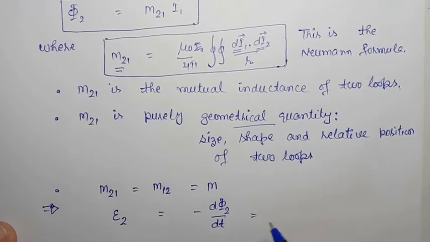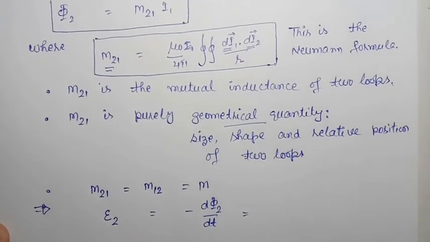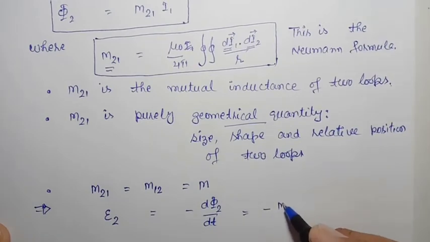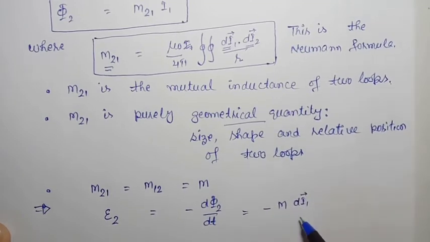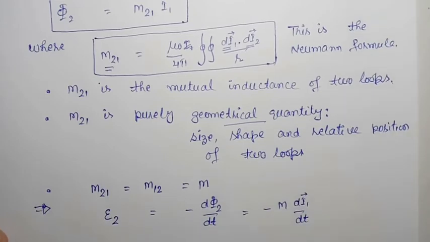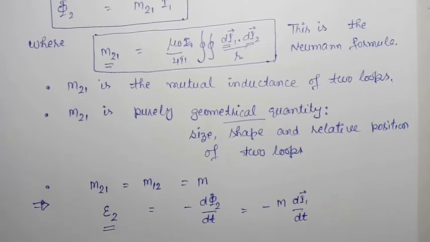And since phi 2 is equal to M21 I1, we can write this as equal to minus M dI1 over dt. So in this case the induced EMF is equal to minus M dI1 over dt. So this is the mutual inductance.